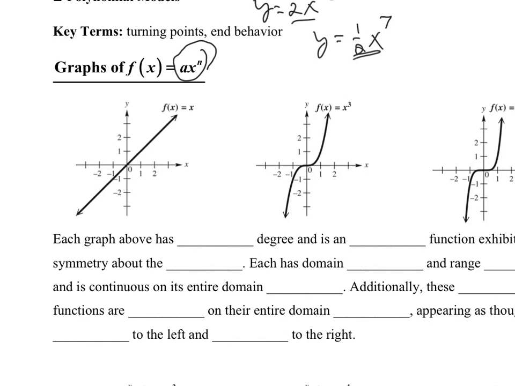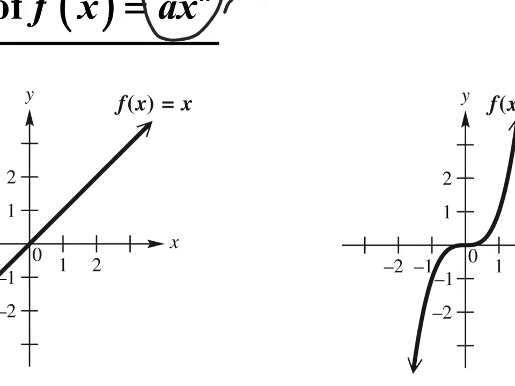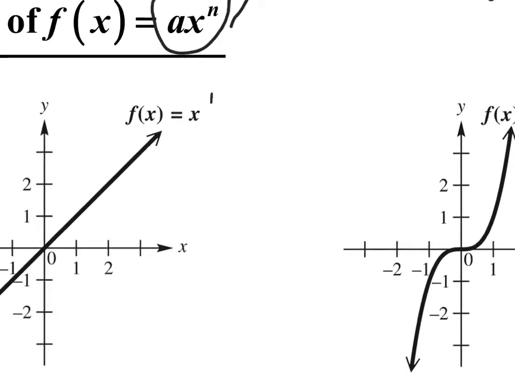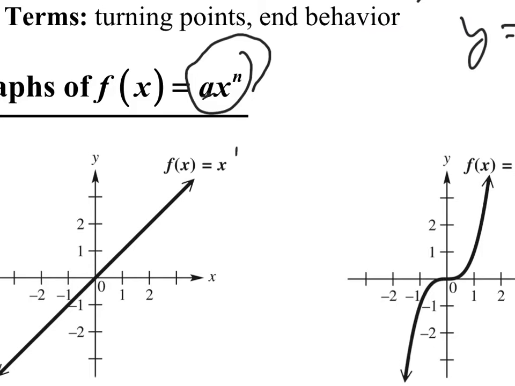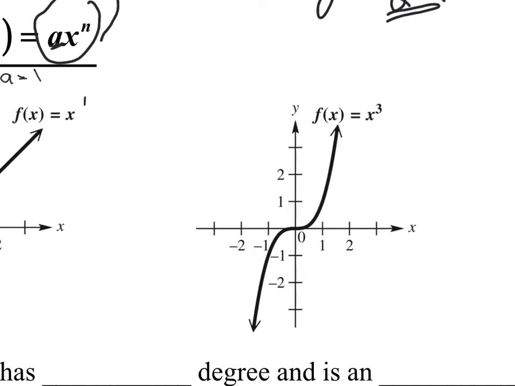All right. So here we go again. Three graphs. He wants me to answer these questions. Each graph above has blank degree. Well, let's look at the degrees. That degree, I don't see a number, so it must be 1. And by the way, I can tell if it's supposed to have an A in front, A in this case must be a 1. I think he's made all these A's equal to 1.